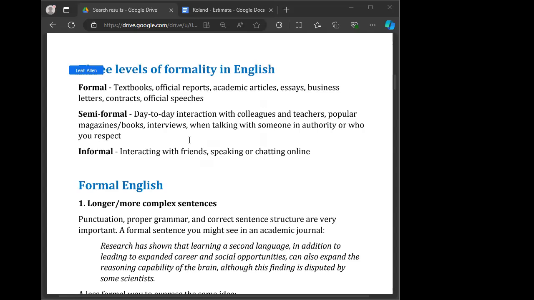And then semi-formal English is used for day-to-day interactions with colleagues and teachers, popular magazines, books, interviews, and when talking with someone in authority or whom you respect. And then informal is going to be pretty much any other instance.